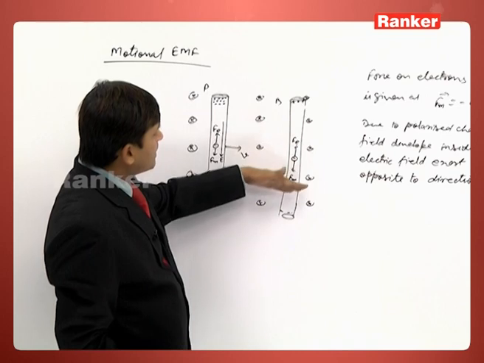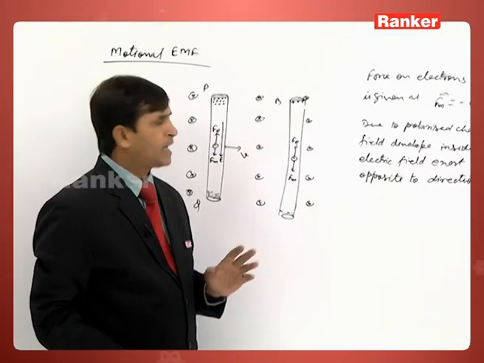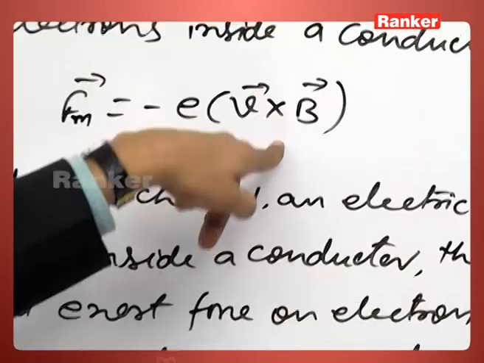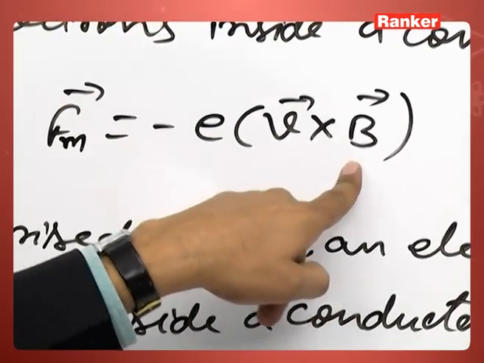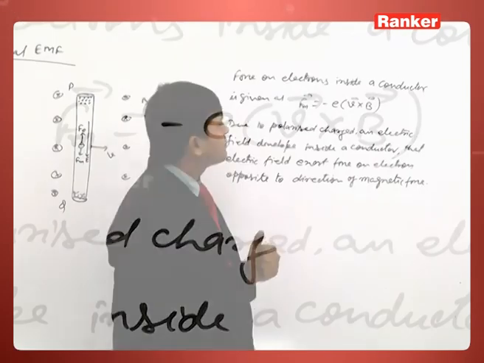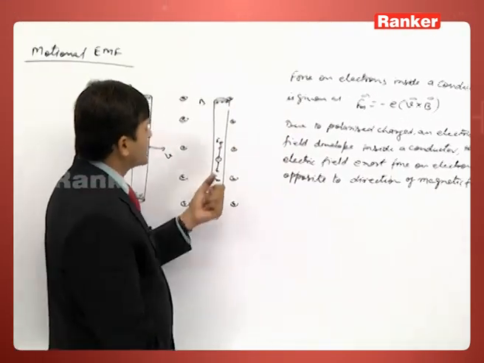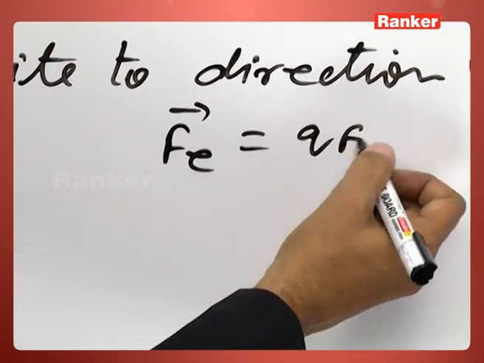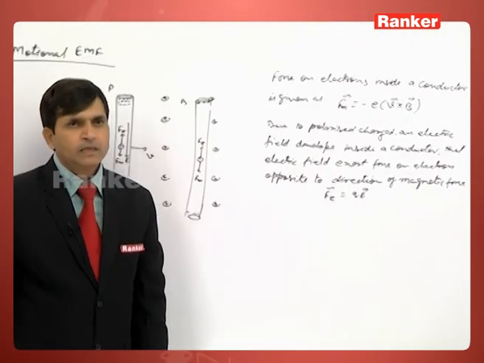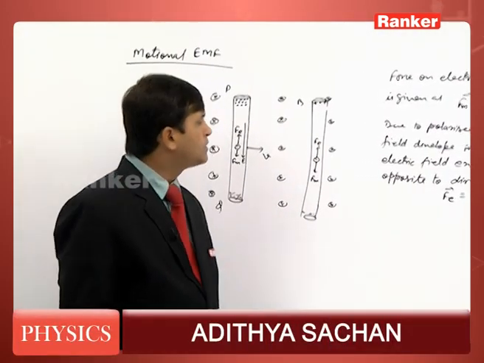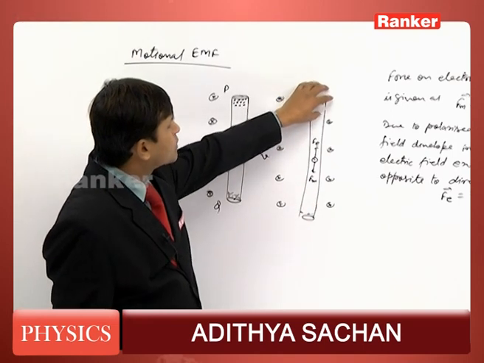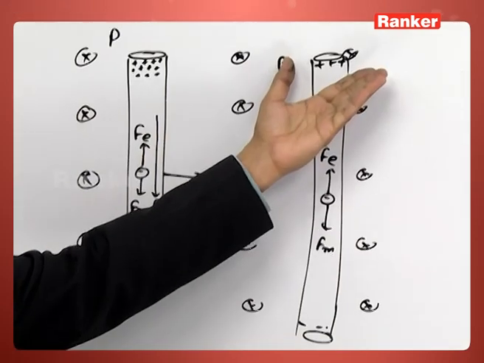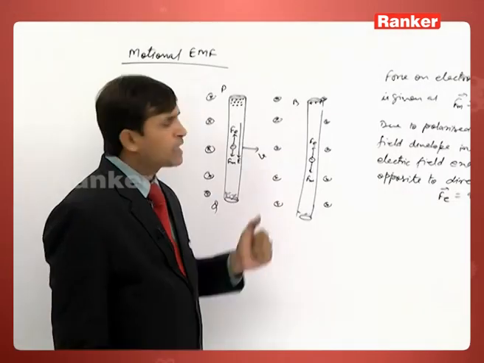It means the magnetic force and the electric force both start acting here. But the magnetic force value will remain constant, because we are changing neither the V value nor the magnetic field. The electric force is given as Q into E, so as more charge accumulates, more electric field develops.